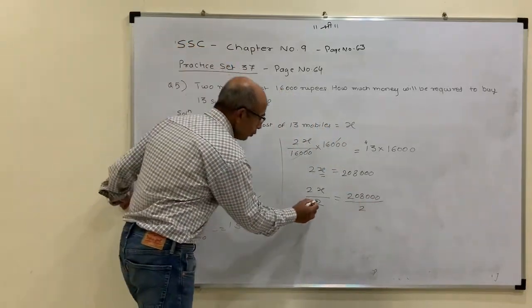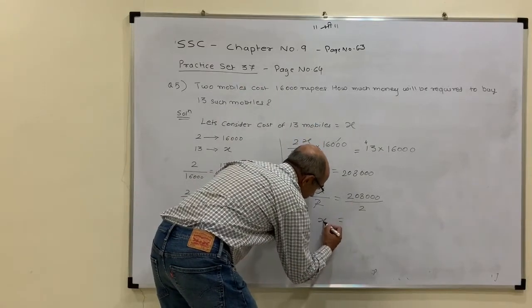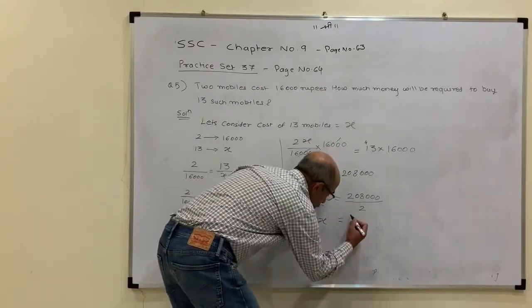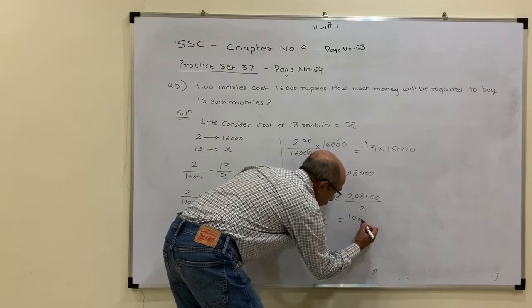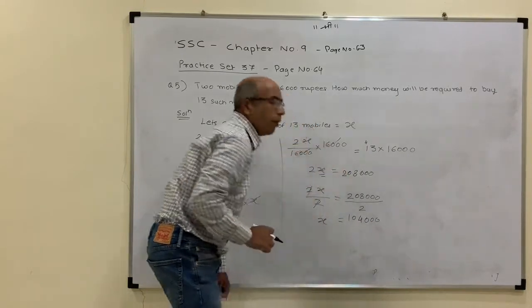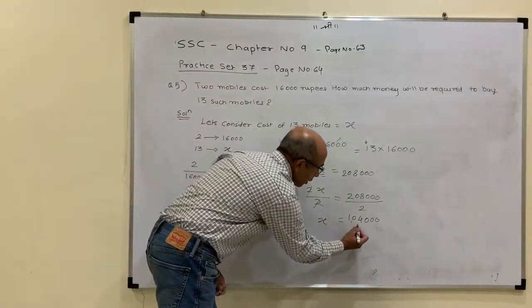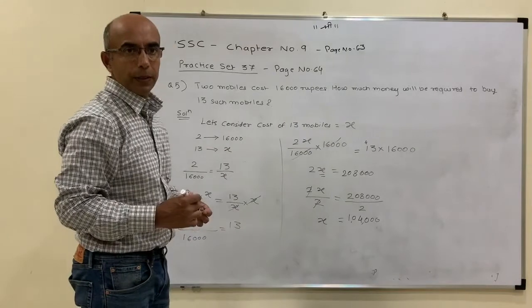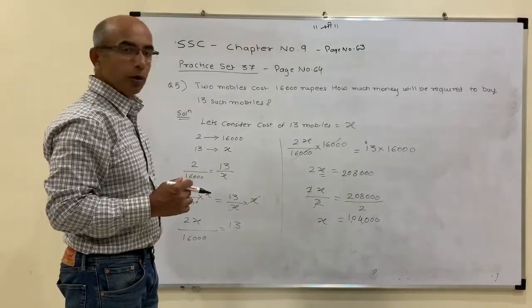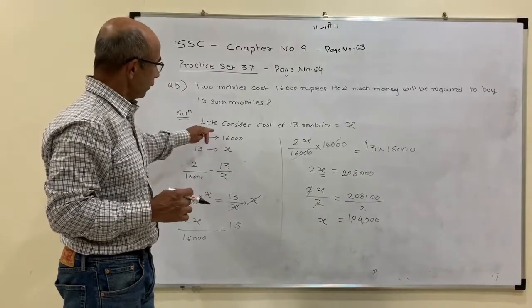So now 2 is gone. My answer will be x equals, 2 1s are 2, 2 4s are 8. So the value of x will be 1,04,000 rupees.